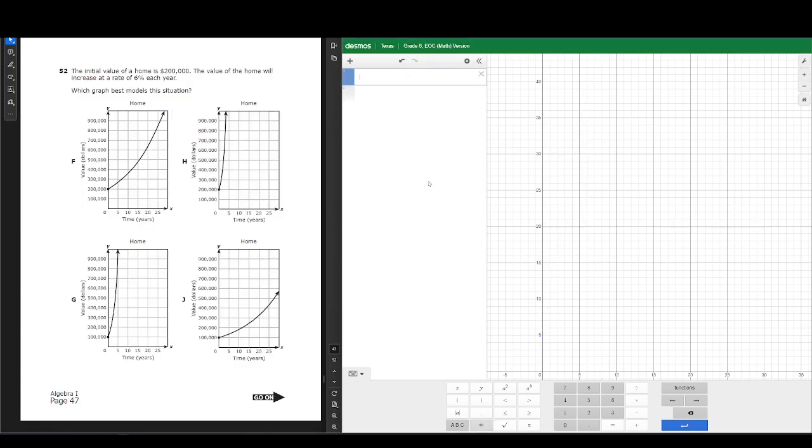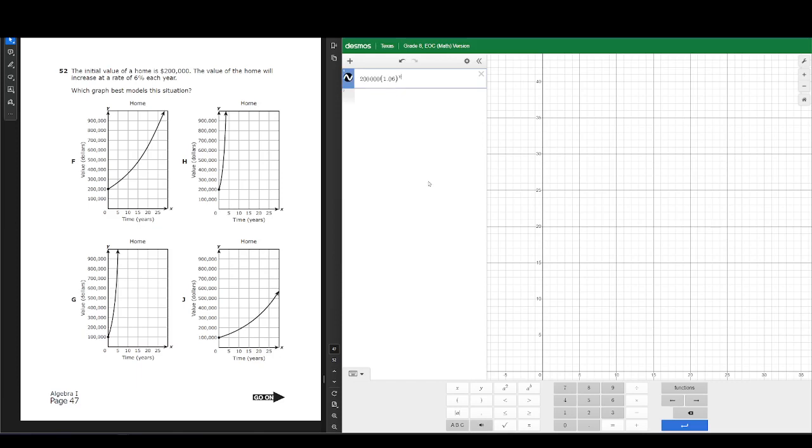All right, the initial value of a home is $200,000. The value of the home will increase at a rate of 6% each year. So we'd have to know how to write the equation for Desmos to help us with this. So we know that 200,000 is the y-intercept, and then in parentheses is going to be 1.06 and then to the x.